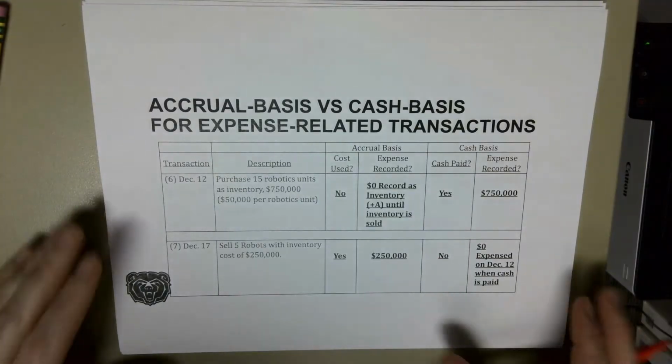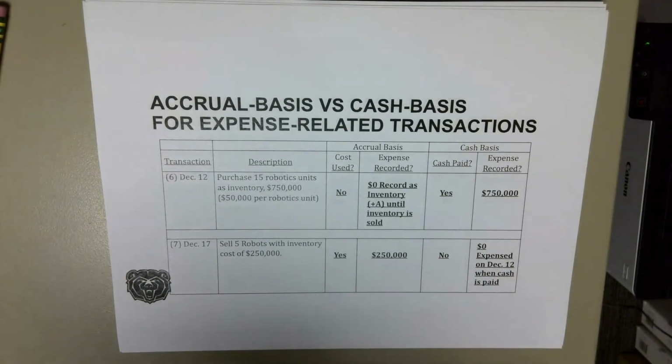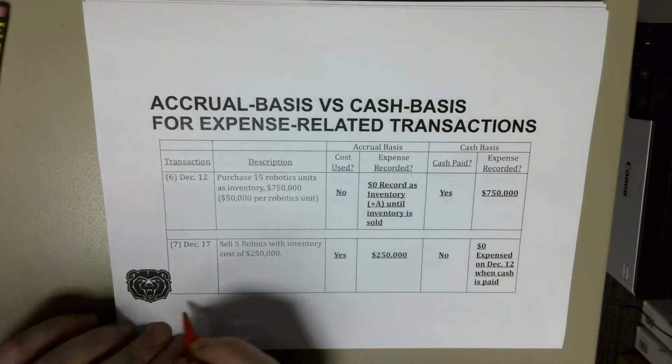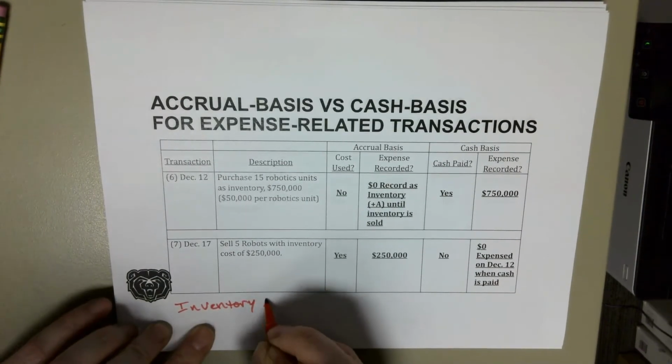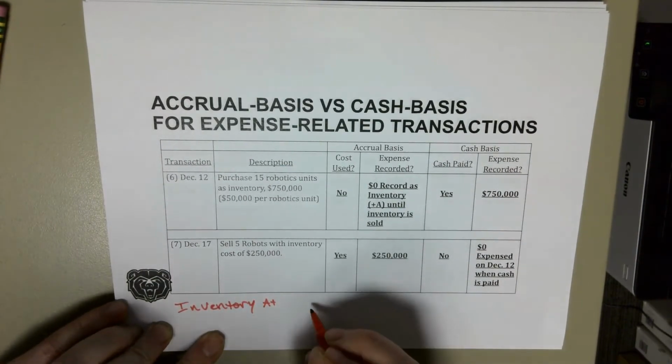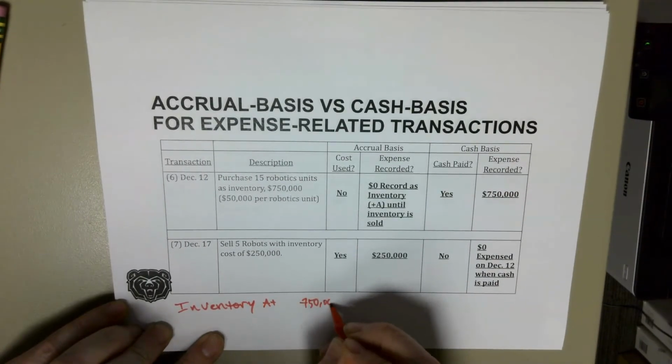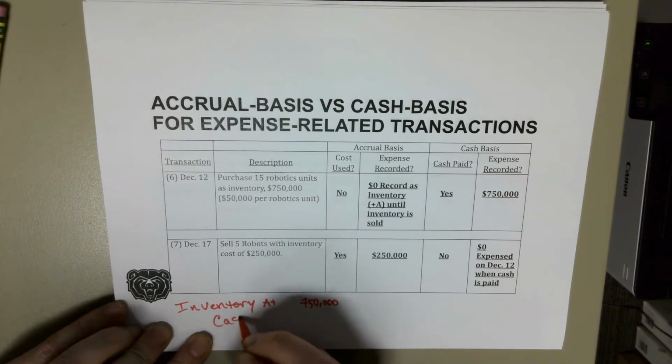So transaction number 6, we purchased 15 robotics units as inventory, $750,000, $50,000 per unit, okay? So we purchased the units as inventory. Was there any expense there? Well, no, because we're just going to have inventory as our debit. We're increasing this asset, right, for $750,000. Then we paid cash for it.